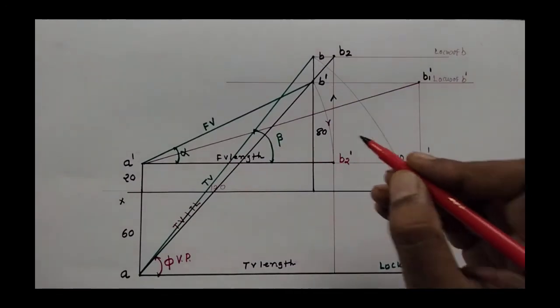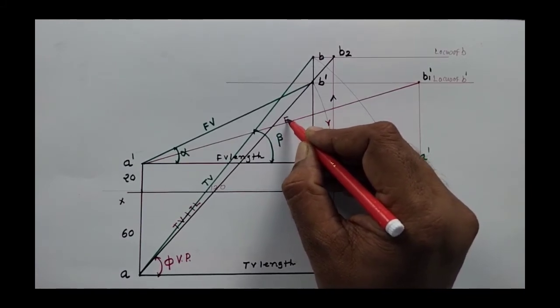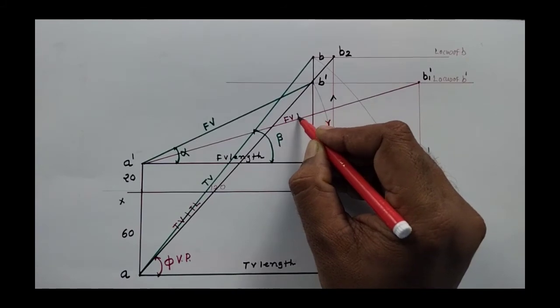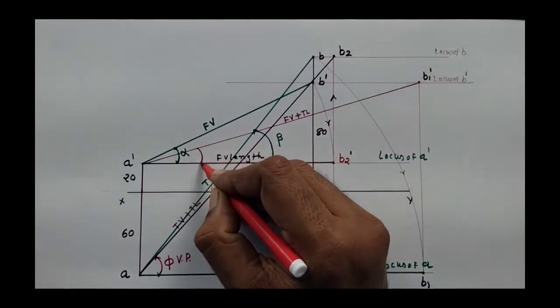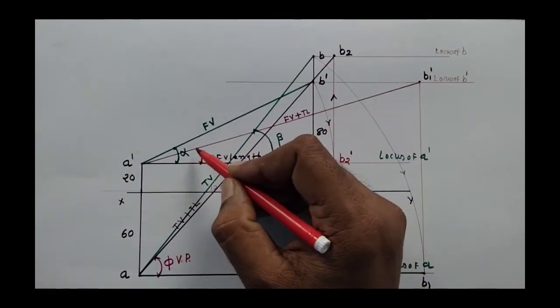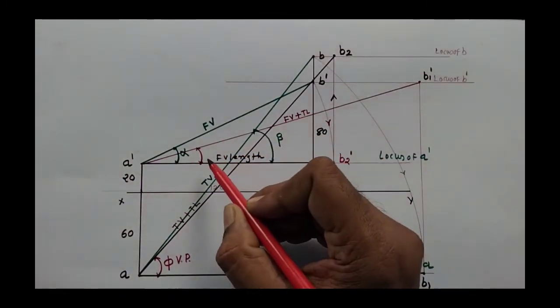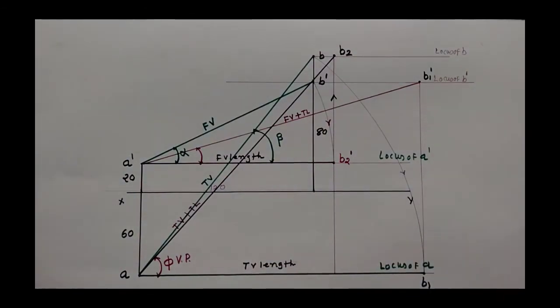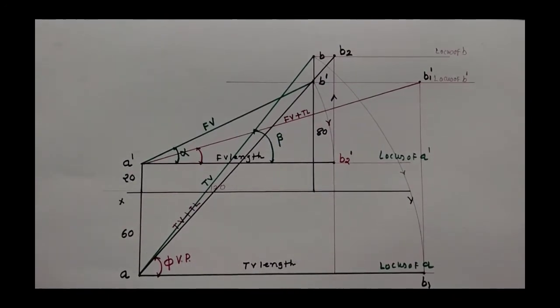It is called a line inclined to HP, that means elevation plus true length, and it is inclined to the XY line.